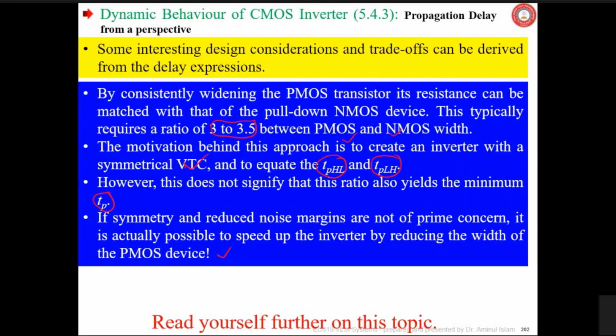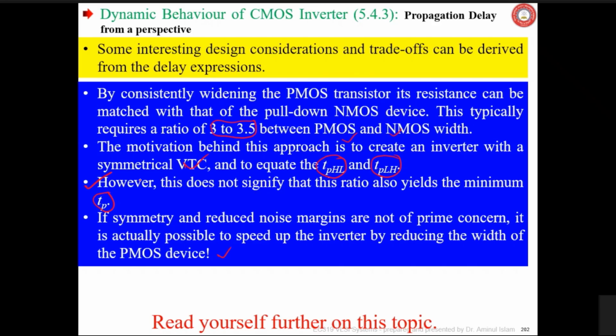Now, the motivation behind this approach is to create an inverter with a symmetrical VTC and to equate TPHL and TPLH. All these things we are discussing only. However, this ratio does not signify the minimum TP. See, this author is so nice. He critically analyzed each and everything.